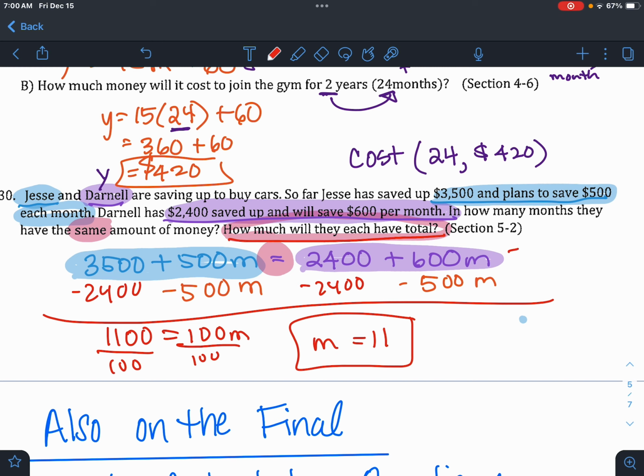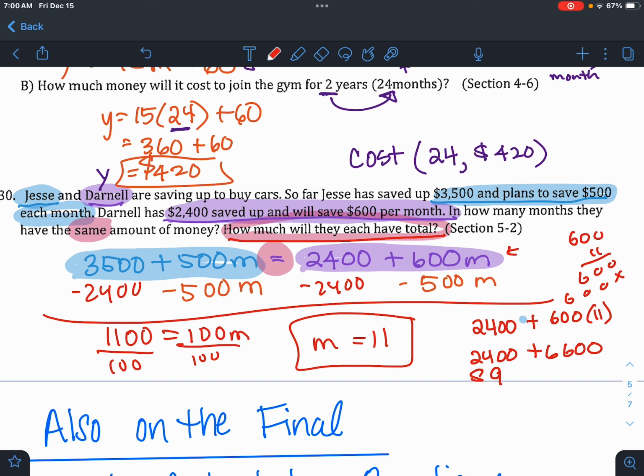So we could either substitute in here, so 2,400 plus 600 times 11, right? I don't have a calculator, so 2,400 plus 6,600 is going to be $9,000, right?